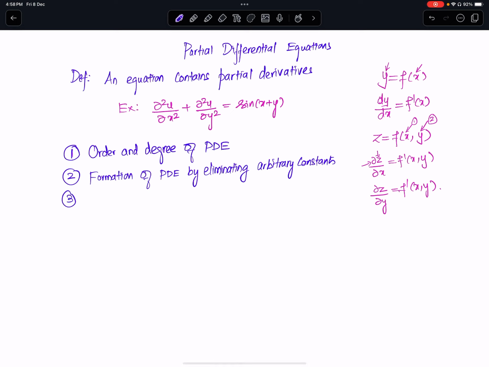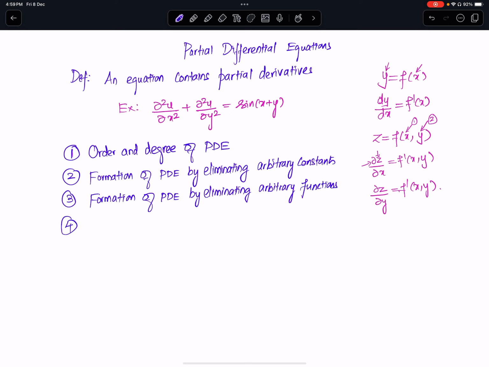The third one is similar to the second one. Here also we discuss the formation of PDE by eliminating arbitrary functions. See the difference: arbitrary constants and arbitrary functions.